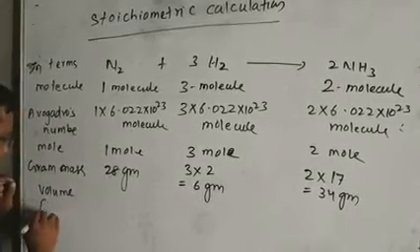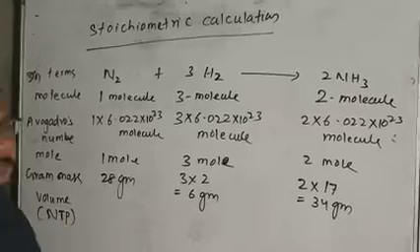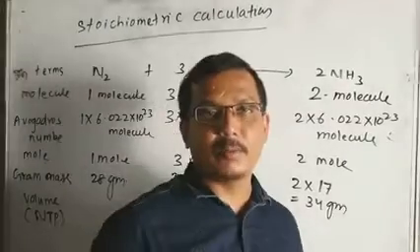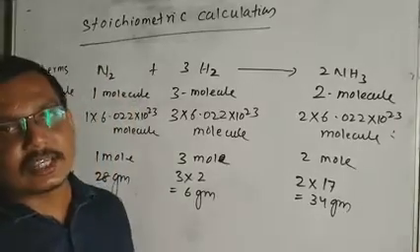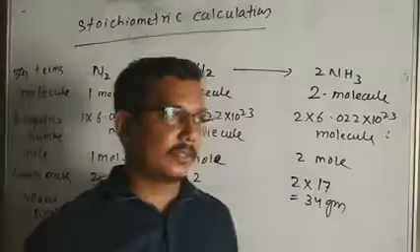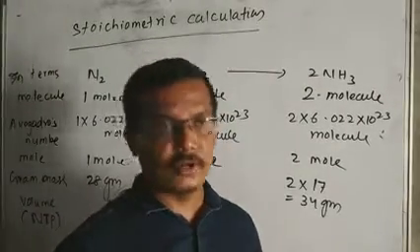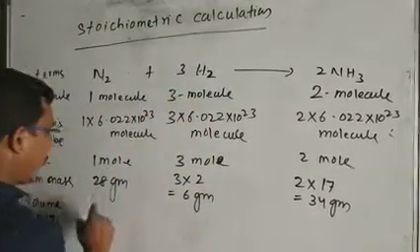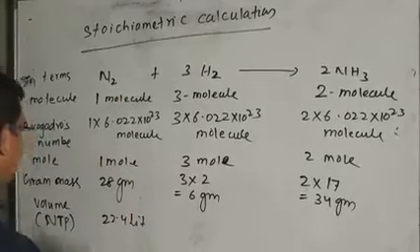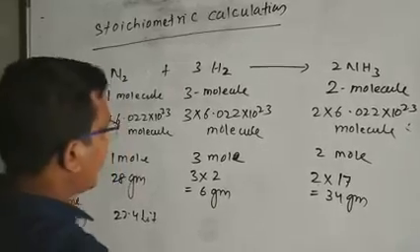Next is the volume relation at NTP condition. NTP means normal temperature and pressure. In the previous class we discussed the gram molecular volume method. For any gas or vapor at NTP condition, the volume of one gram molecular mass is 22.4 liter. That means for 1 mole it is 22.4 liter, and it is a gas. So this relation is applicable only to gas or vapor; it cannot be applied to solid and liquid.